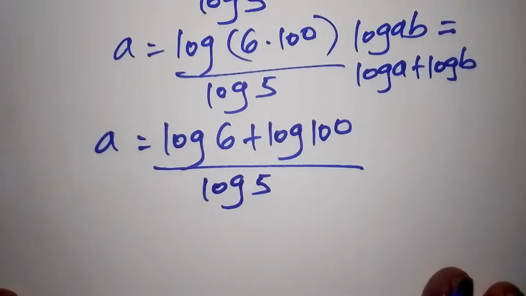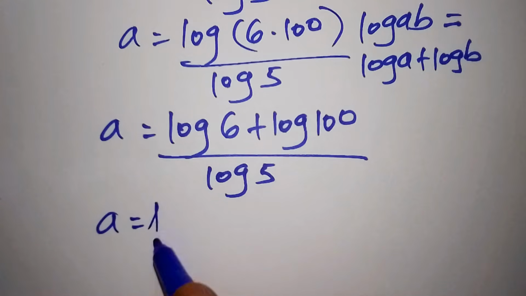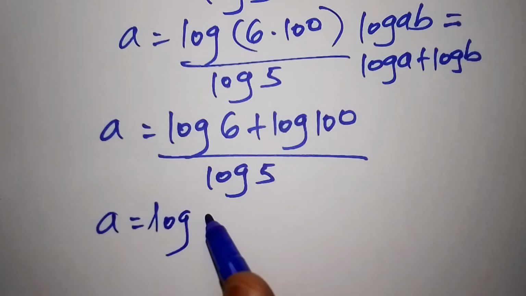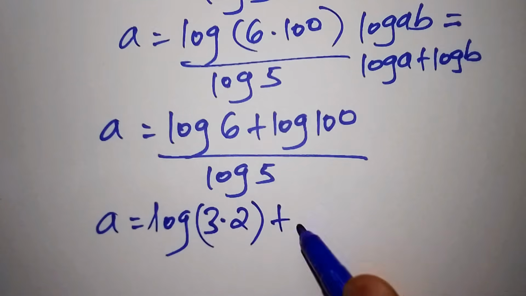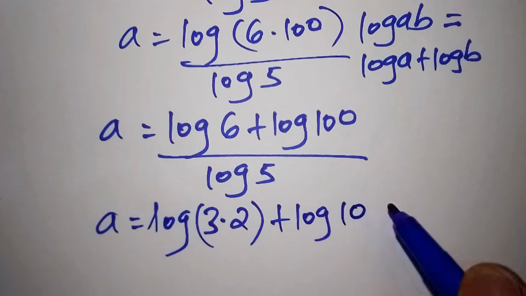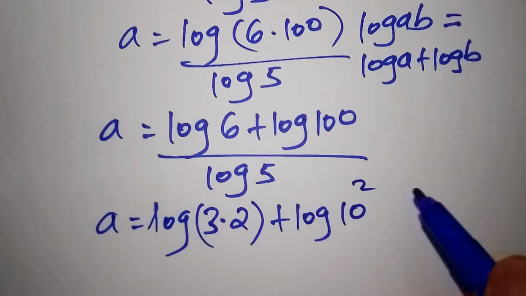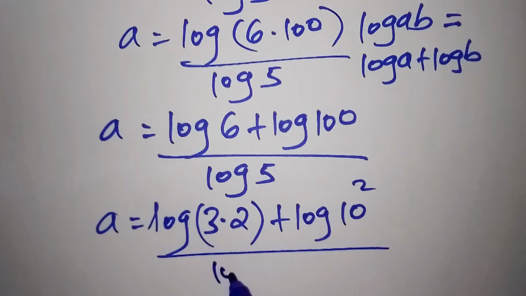So here now the value for a is equals to, so we can simplify the log 6 by having it as the log of 3 multiplied by 2, plus log 100 can be written as the log of 10 to the power of 2, because 10 multiplied by 10 is 100, all over the log of 5.